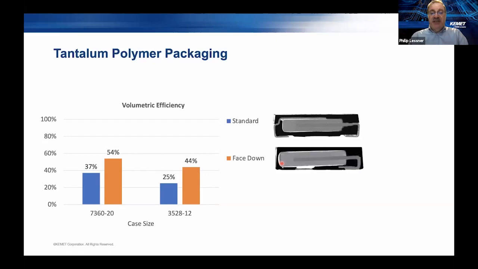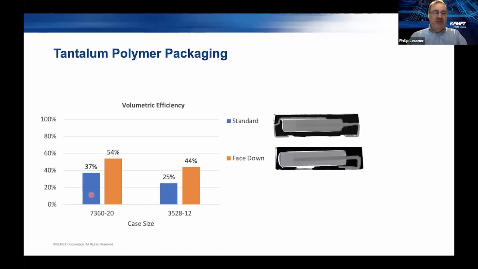And we've been transitioning to what we call the face down packaging, where the lead frame is moved to the bottom of the package instead of surrounding the element. And that allows us to move the end of the element closer to the end of the package, and also the bottom of the capacitor element closer to the bottom of the package.